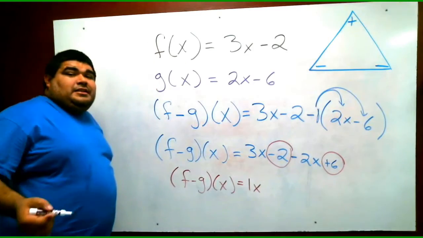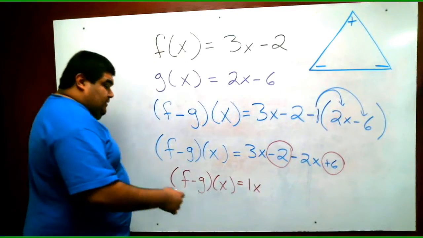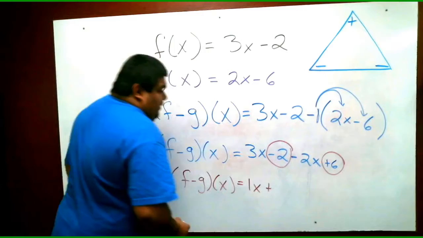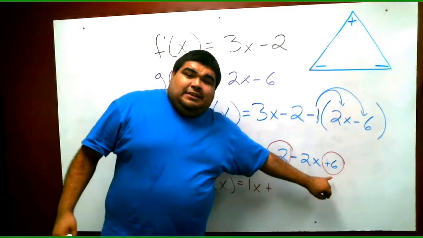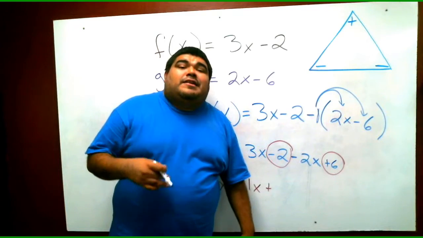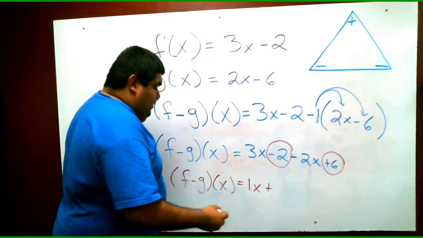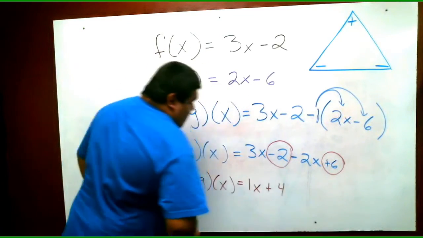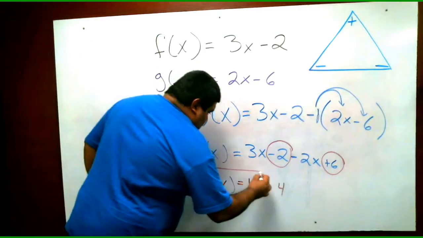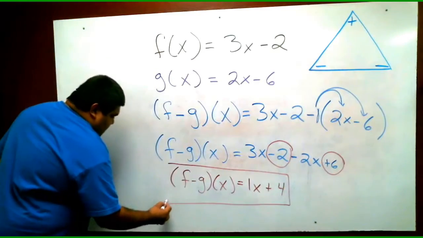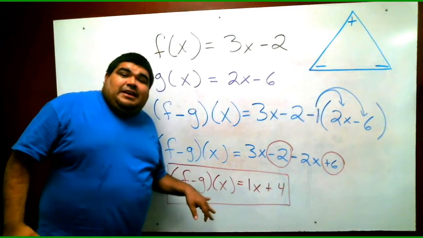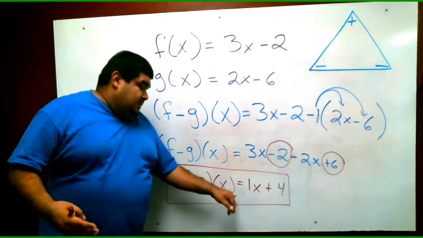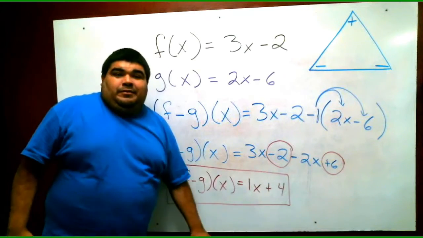Notice that the positive is bigger, so we know that the answer is going to be positive. Now, you owe 2, but you have 6. If you pay 2 back, you're left with 4. And that is our answer. So f minus g of x is 1x plus 4.